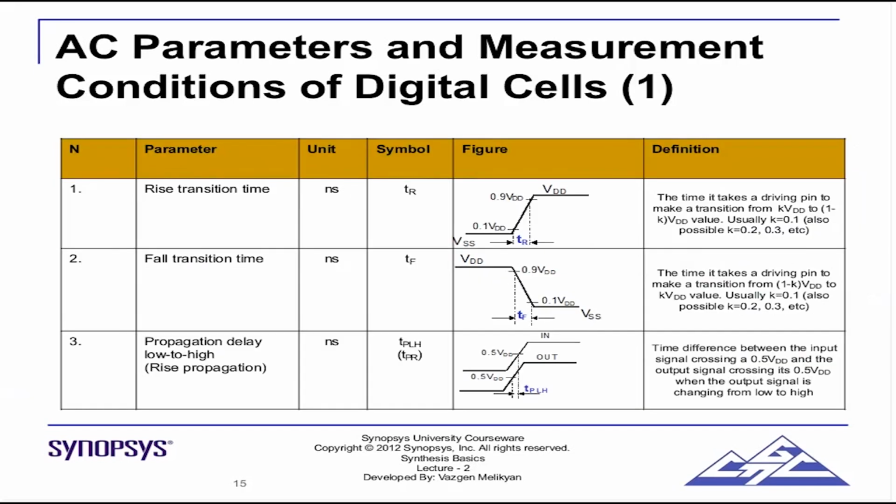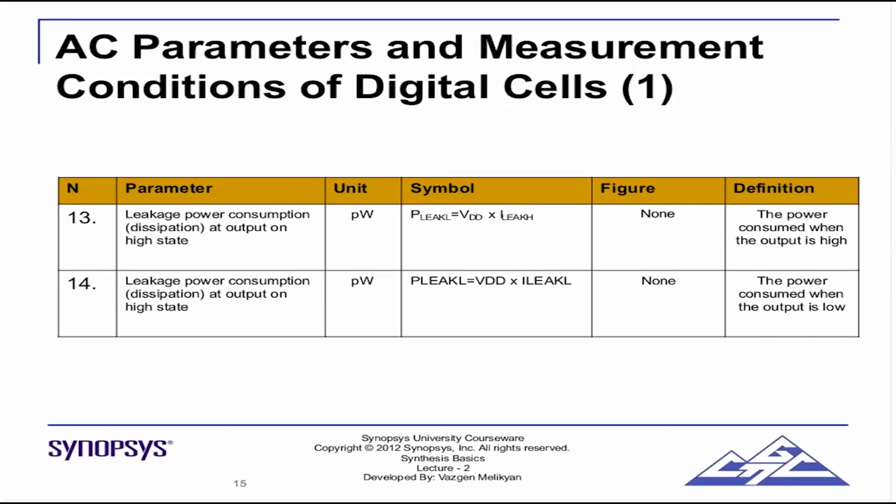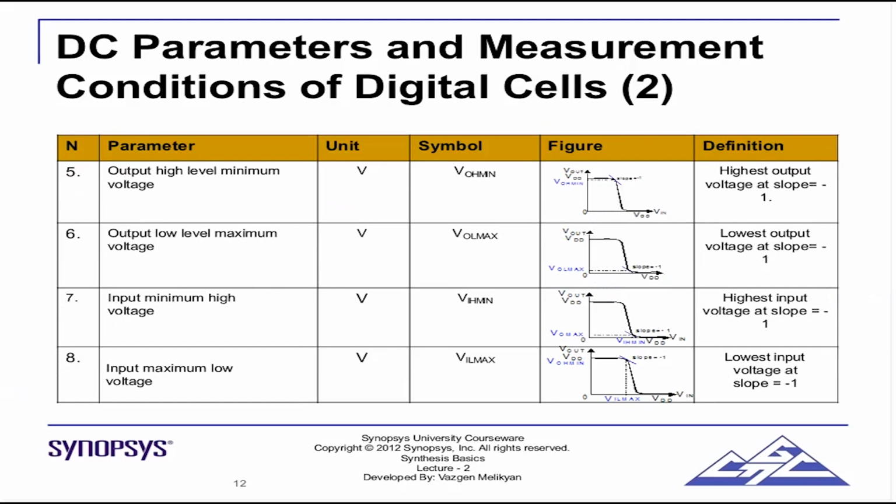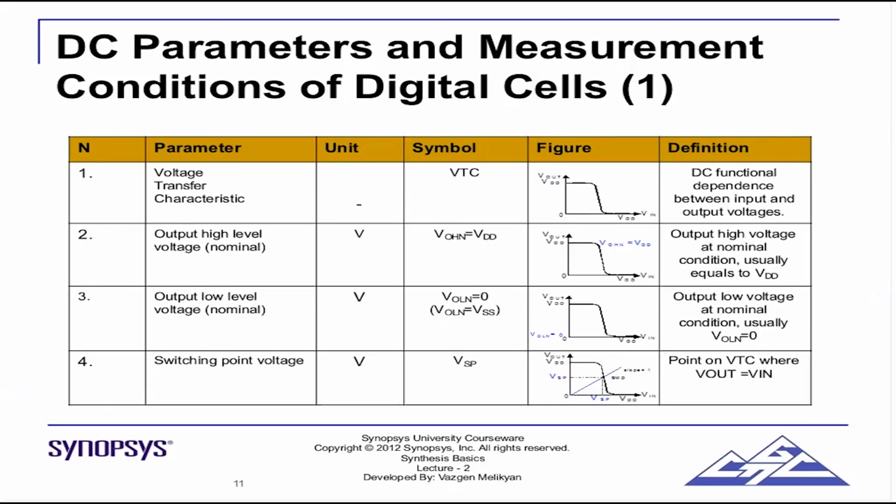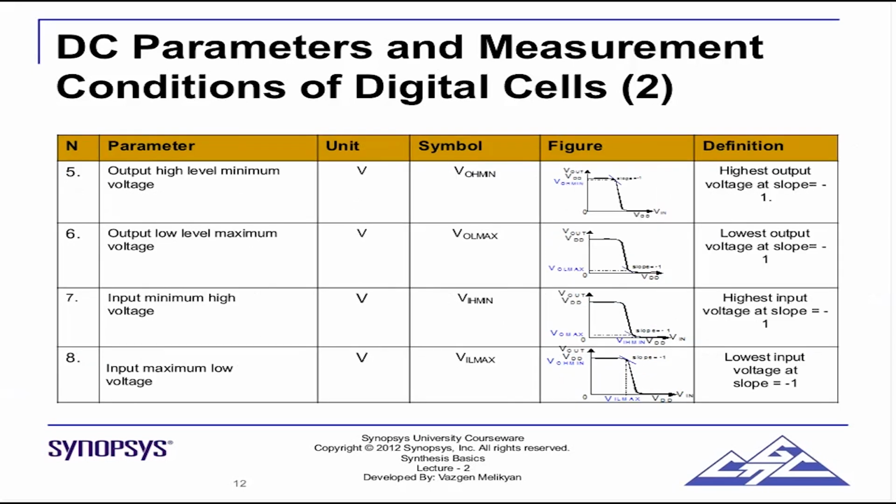Now let's look at AC parameters, after just summarizing the DC parameters. Typically at the synthesis stage you will not see any of these values. VTC is used to derive the noise margins, but it is not part of the library, and is typically not used in synthesis.